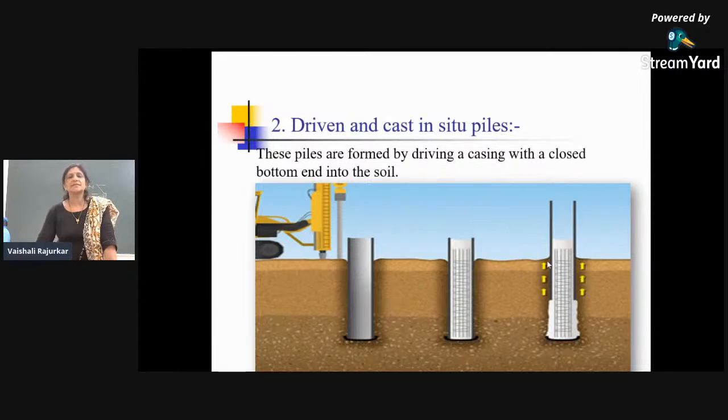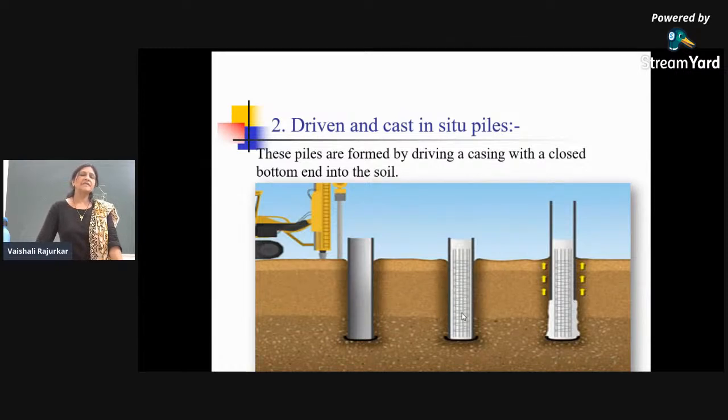Here you can see the procedure in which hammering is done over the top of the pile, and due to the hammering, the concrete naturally forms a bulb at its bottom, and the cross-sectional area at the bottom of the pile is enlarged. But while driving, the casing is simultaneously lifted up. So this is called a driven and cast in situ pile.